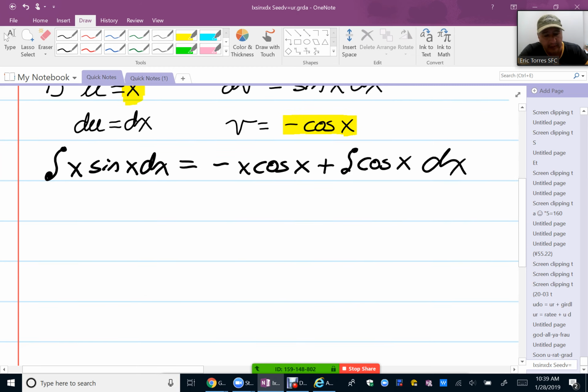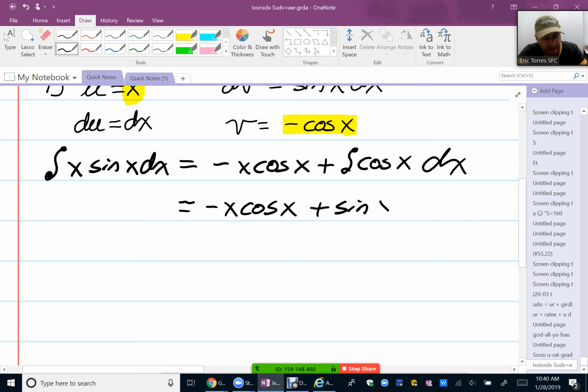So I can continue on here. I have negative x cosine of x. The antiderivative of cosine is sine, and that should be my final answer.